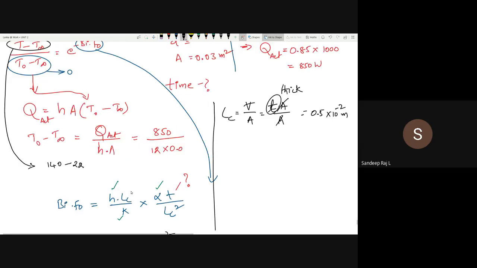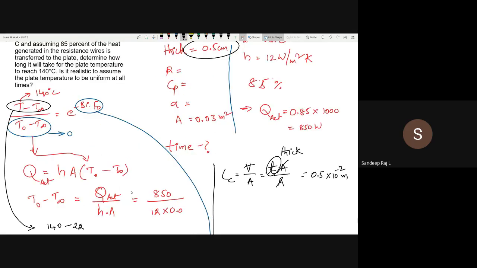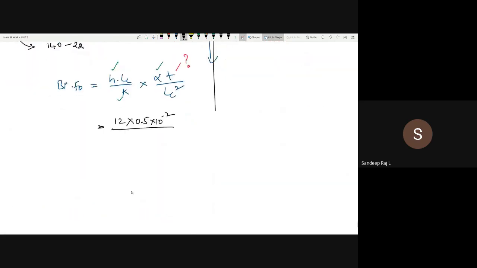It need not be given actually. Yeah, K is not given. So the alpha you can write as K by rho Cp, into the time, which is unknown anyway.